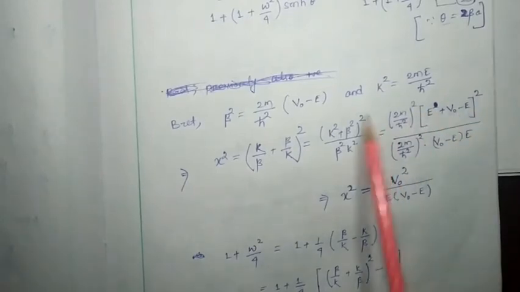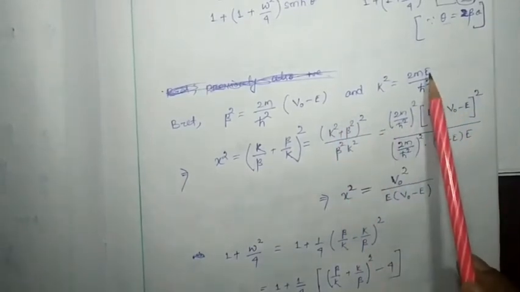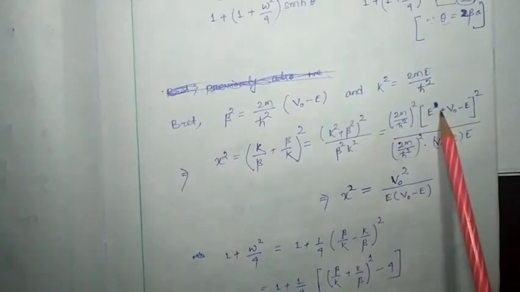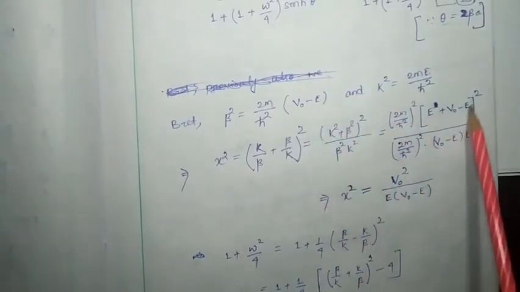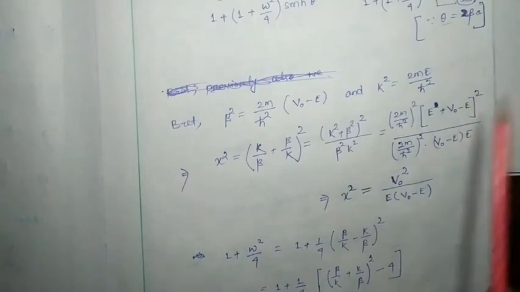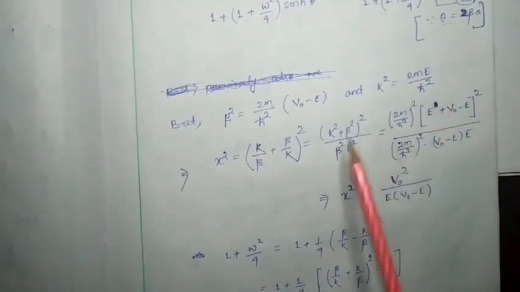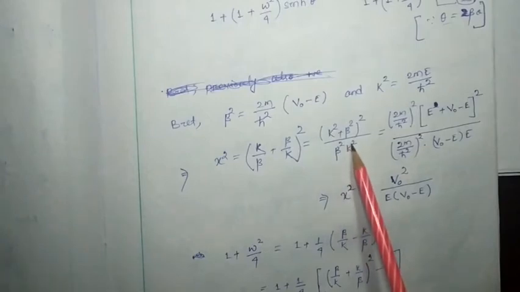So in the bracket you will find E plus V0 − E, whole squared. Got it? Now divided by β²k².